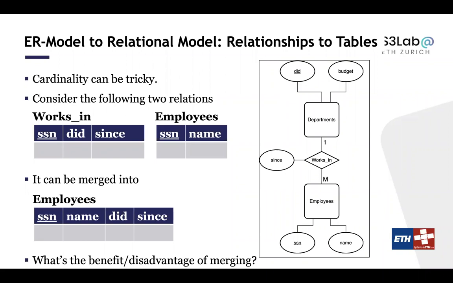When you do the merge, you have essentially a single relation, so whenever I fetch a tuple there, I get all 4 attributes. Whereas if you have 2 relations, if you want to fetch information about which employee works in which department, you always need to join these 2 relations, which could be very slow in a real-world database system.